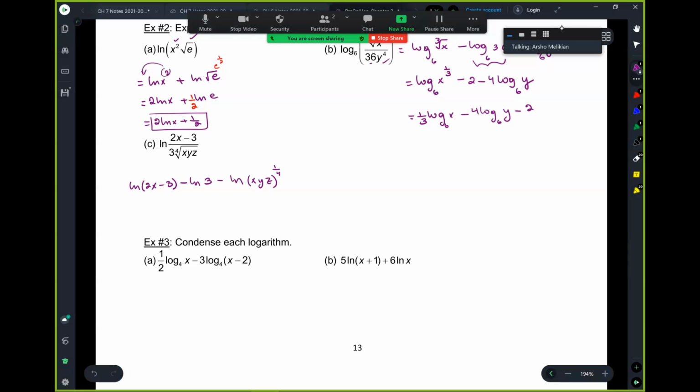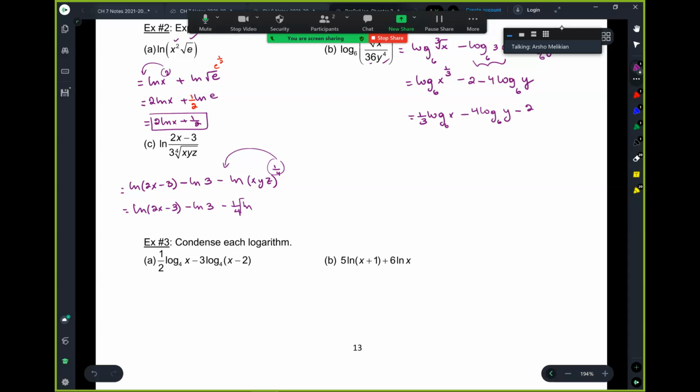Okay. And so now the 1/4 will go down. Minus ln of 3 minus 1/4 ln of, so here we have ln of xyz, but you still have to expand that as well.